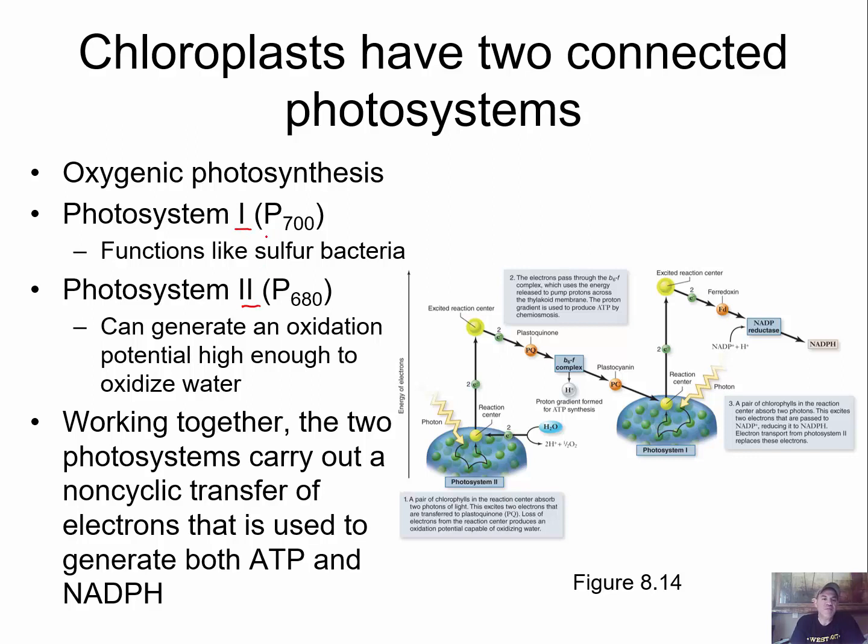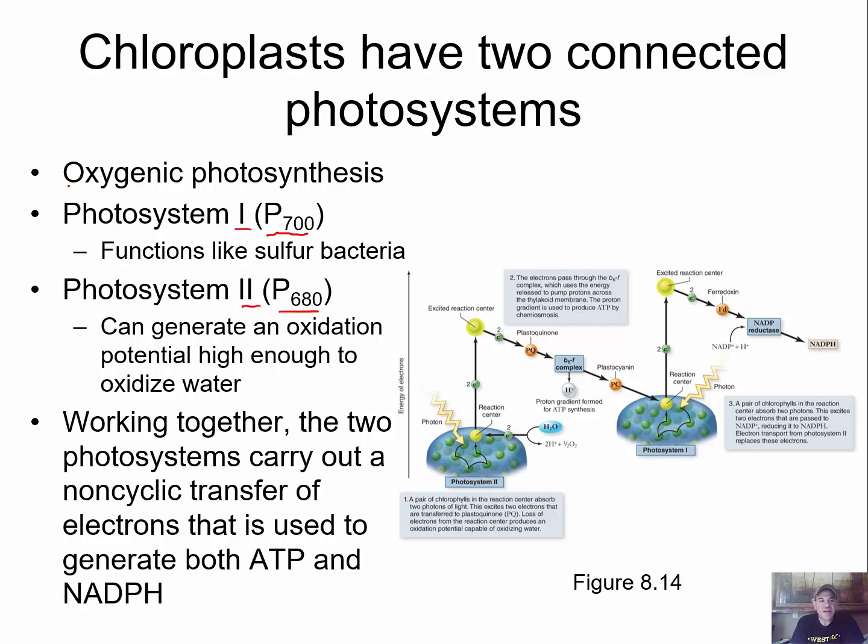They also go by the names P700 and P680 based on the wavelengths that the reaction center chlorophylls respond to best. Now it's the same chlorophyll A, but the reason they vary slightly in their optimum absorption wavelengths is based on the proteins that are part of their complex. So variation in those proteins creates some variation in how the chlorophyll molecules absorb that energy.